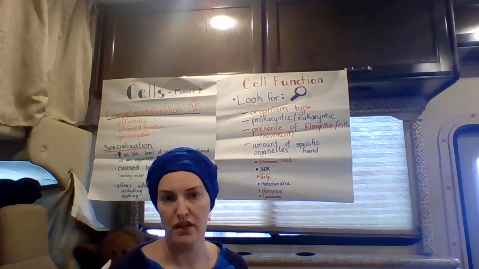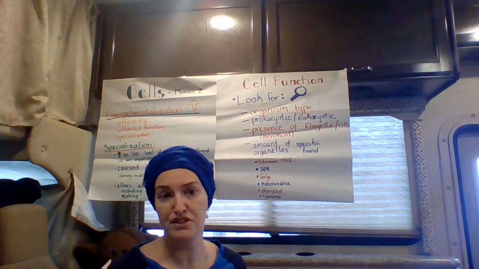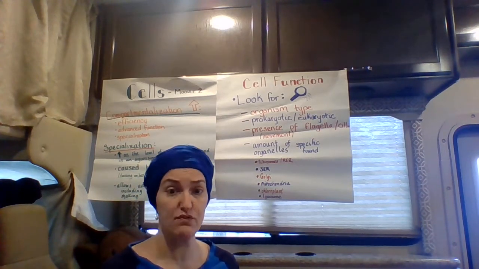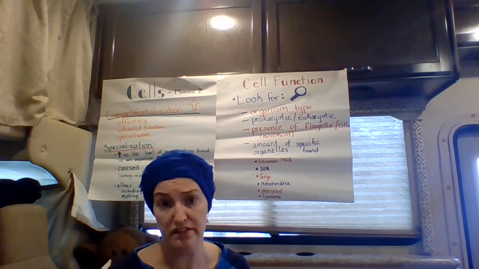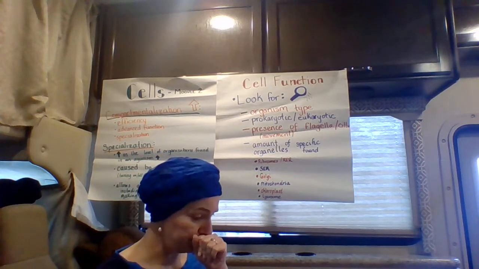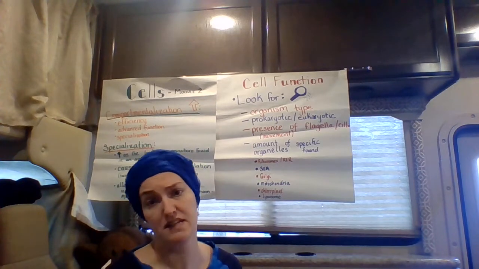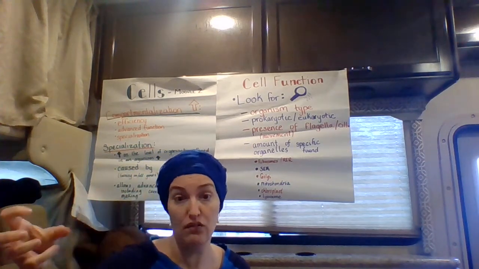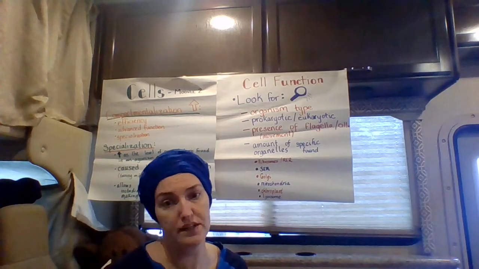The next thing we want to think about is, is there evidence of flagella or cilia? If so, obviously, it's for movement, right? Because that's what the flagella and cilia do. Now, if it is, in some cases, that's going to be a cell that can move by itself inside a larger organism.